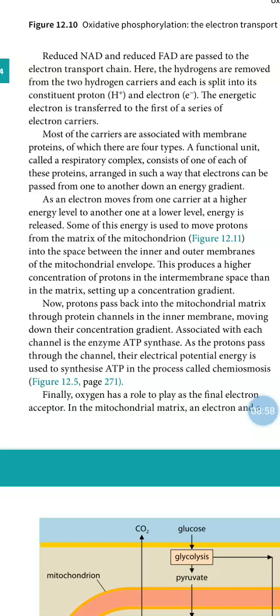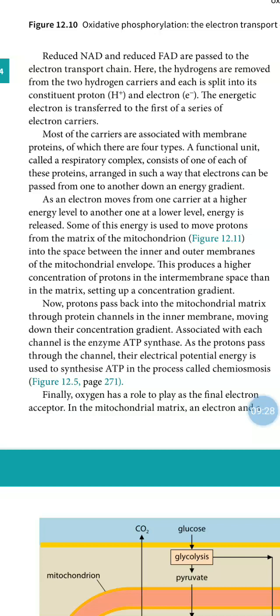Finally, oxygen has a role to play as the final electron acceptor in the mitochondrial matrix. As the H plus, or the proton, comes in, their electrical potential energy, because there is a potential difference between outside and inside, is used to synthesize ATP, and that process is called chemiosmosis.